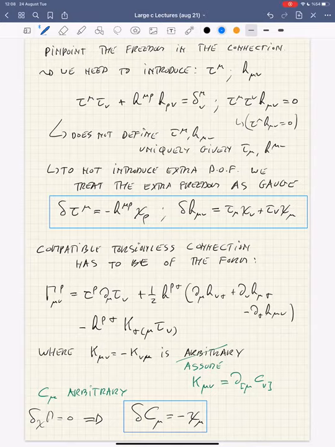Right now, I need to make a few comments here, of course. The way I introduce it here is maybe not the most standard way. I introduced this gauge freedom purely as a technical tool to let me invert the Newton-Cartan structure without introducing any extra degrees of freedom. Now, this symmetry is sometimes called Milne boosts.